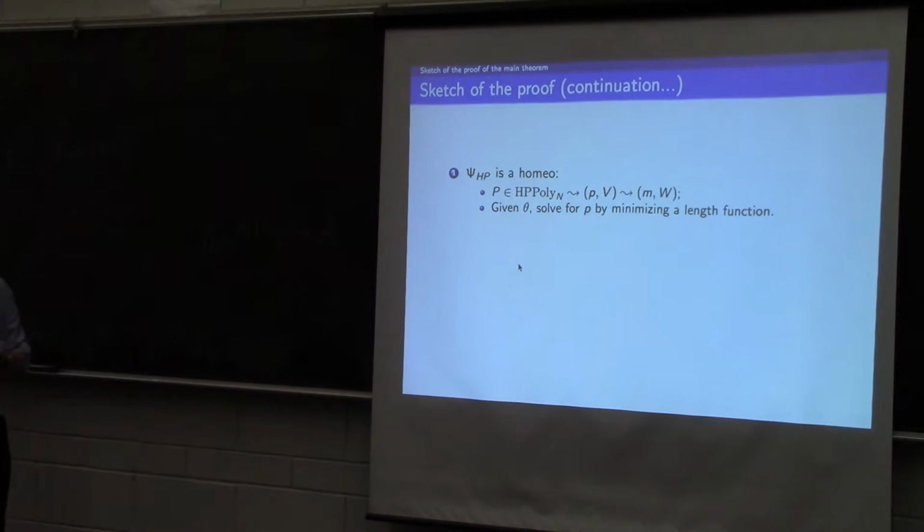Okay, so a polyhedron corresponds to a polygon plus a deformation. When you double it, it corresponds to a point in Teichmüller space plus a deformation in Teichmüller space, in fact a special deformation, in a certain direction, so in a Lagrangian subspace.